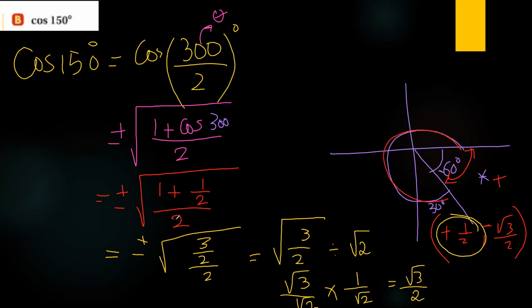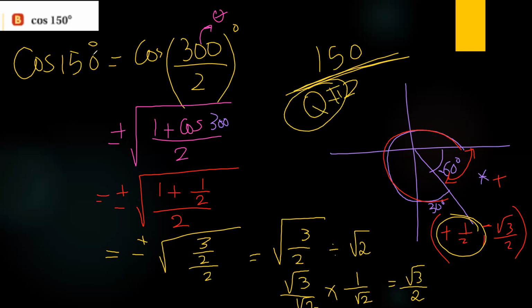So the cosine of 150 is square root of 3 over 2. But since 150 is in quadrant 2, and in quadrant 2 the cosine is negative, it will be negative square root of 3 over 2.